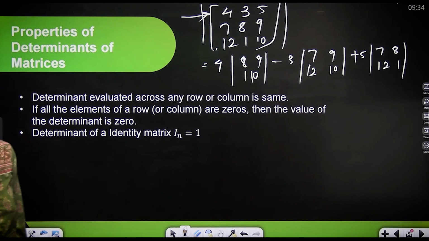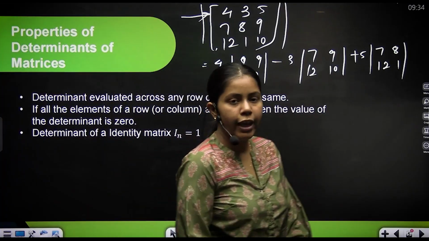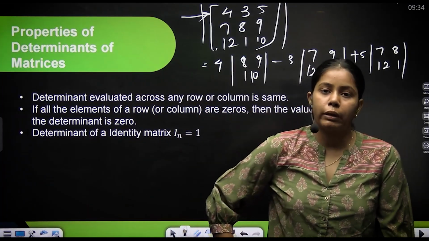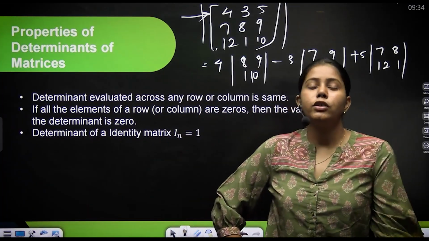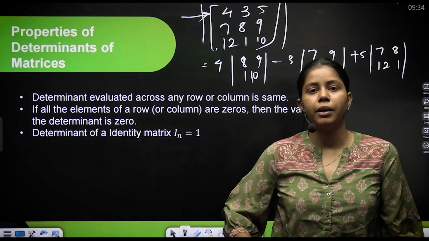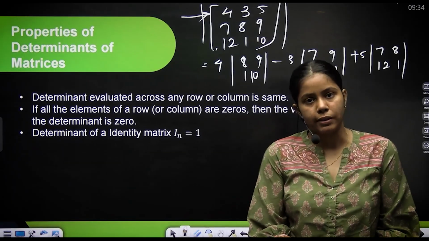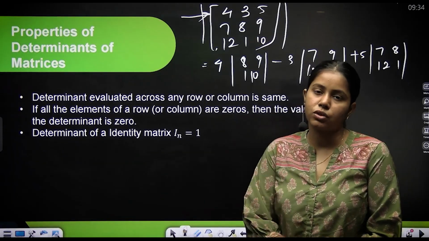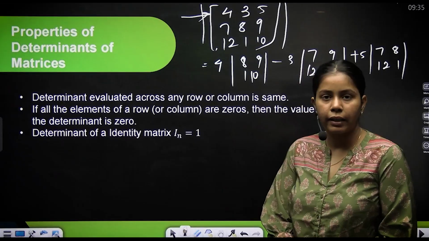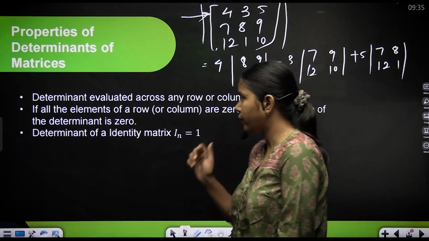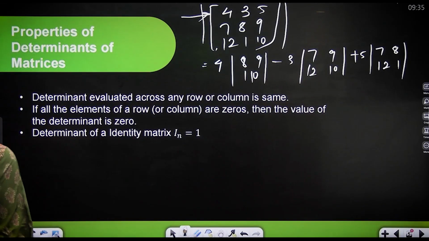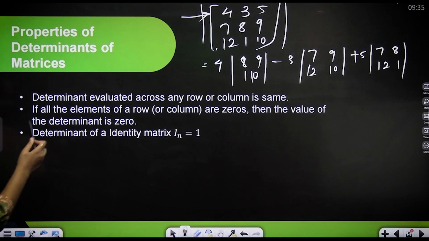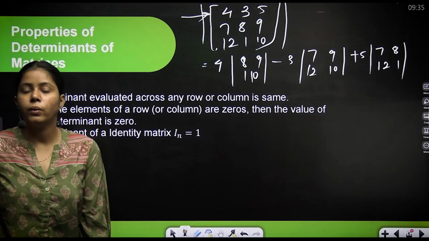That's why sometimes we use some properties which are helpful to find the determinant and make our calculation easy. So these are the properties we are going to study now. Let's go through them one by one. The first property says that the determinant evaluated across any row and any column is the same.